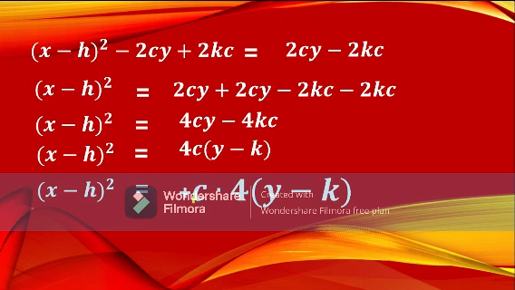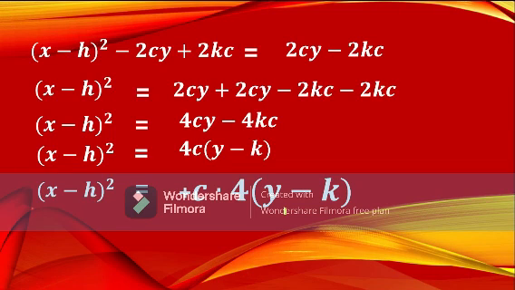So this is now the standard form of an equation of a parabola wherein the axis of symmetry is vertical and facing upward. So you have (x minus h) quantity squared is equal to 4c times the quantity of y minus k.